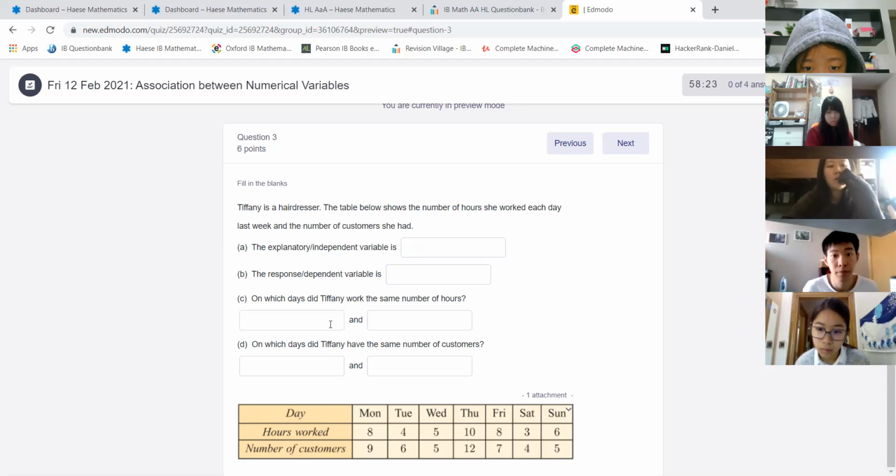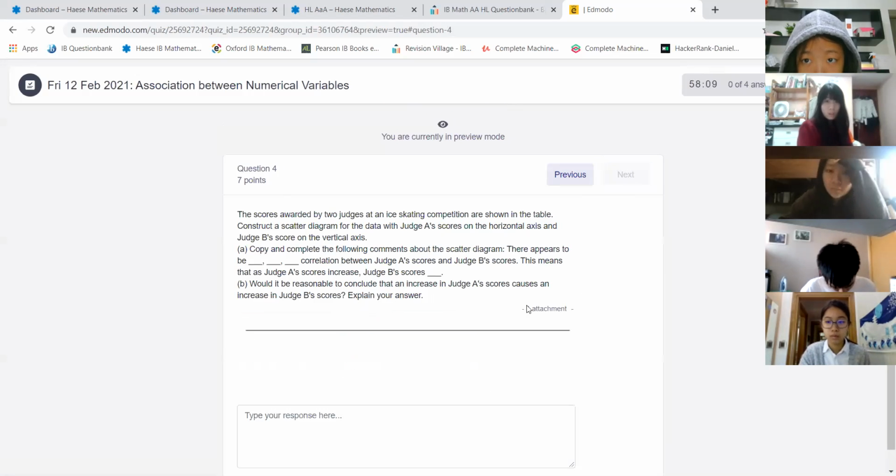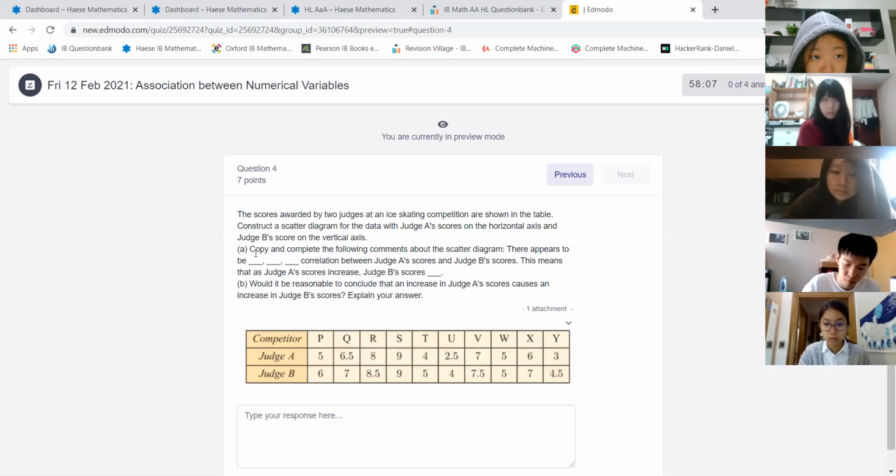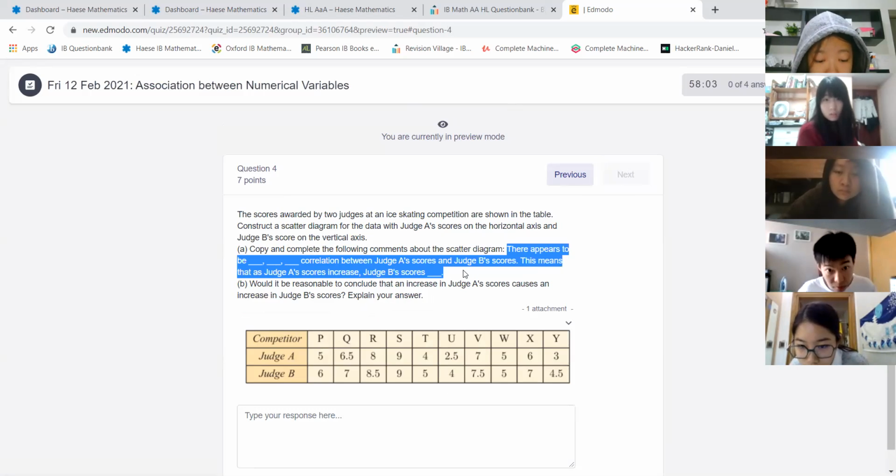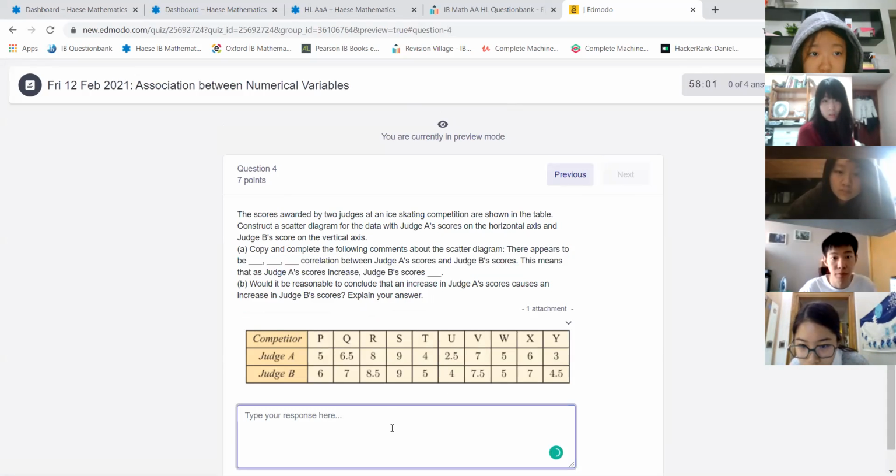Then here, I think I used a 3-letter answer. So which day? Maybe Monday and Tuesday, something like this, as you can see it here, not full days. In this case, you copy this statement, paste it in A and just type in the 3.